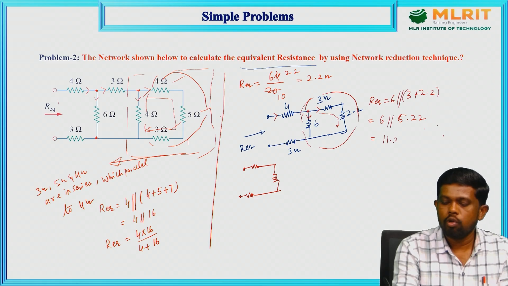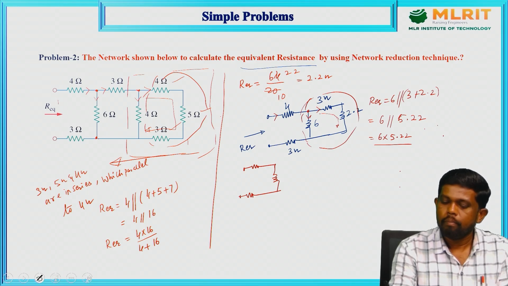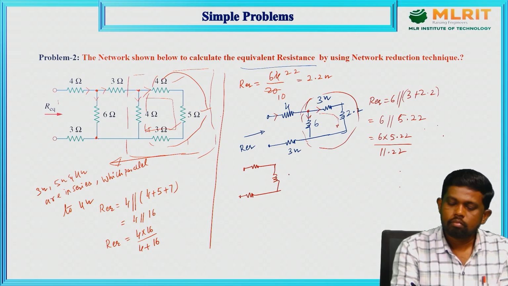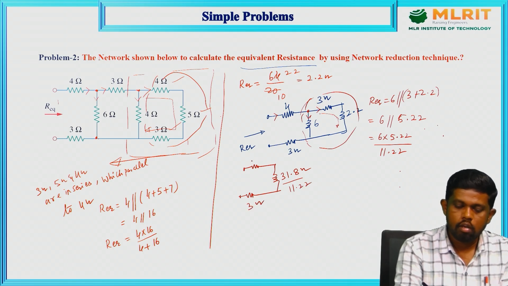It's 11.22, so we divide by 11.22 as the denominator. Based on this, it is 6 into 5.22 upon 6 plus 5.22, which gives 31.8 ohms as the resultant, divided by 11.22, and here 3 ohms and here 4 ohms.